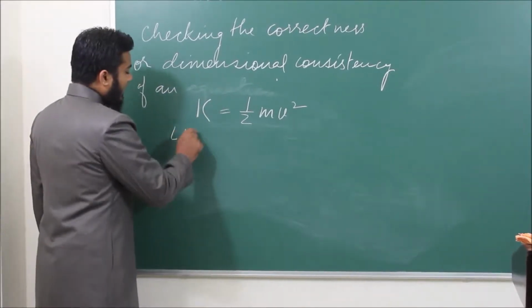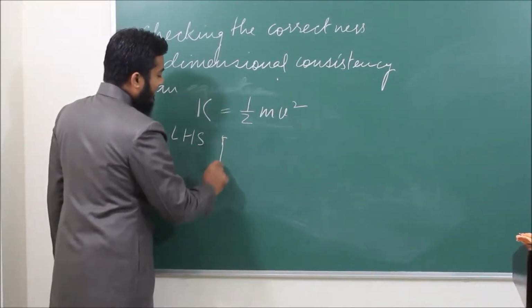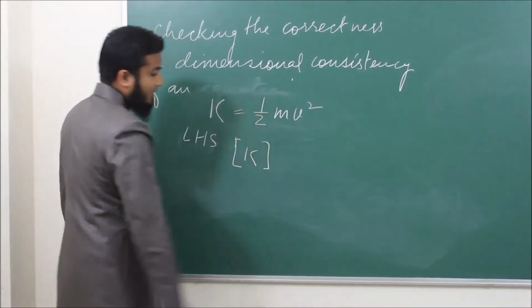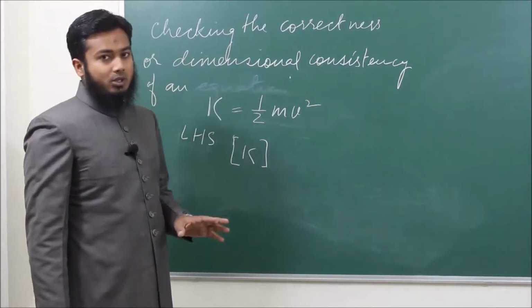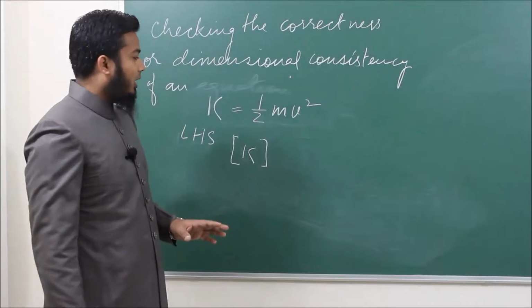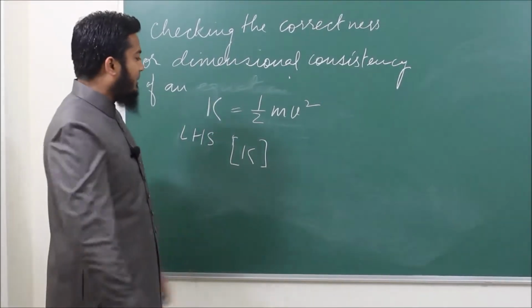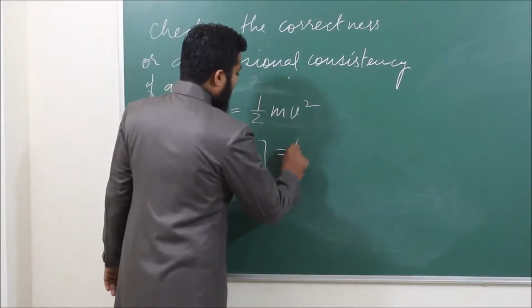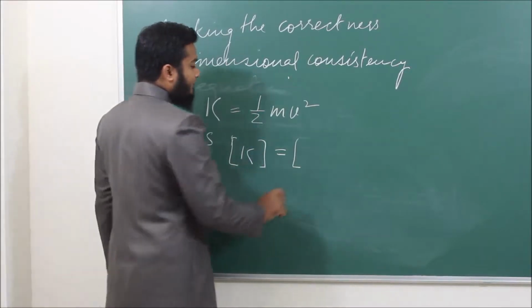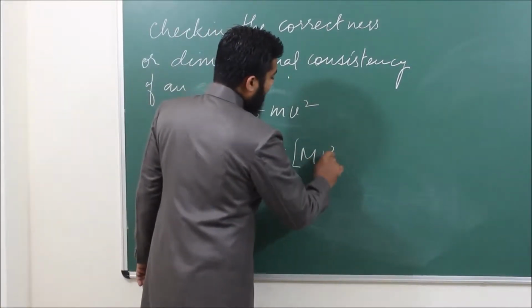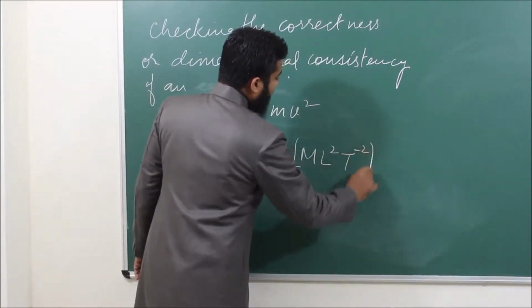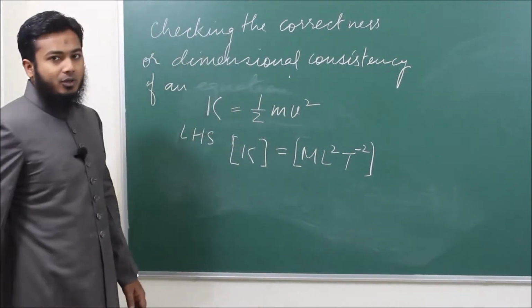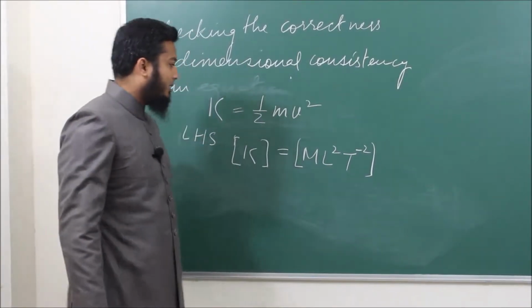On the left hand side we have kinetic energy. Last time we have seen that energy and work done have the same dimensional formula. All types of energy will have the same dimensional formula. So it will have the formula for work done, which is m L square and t minus 2. So the dimensional formula for kinetic energy is ml square t minus 2.